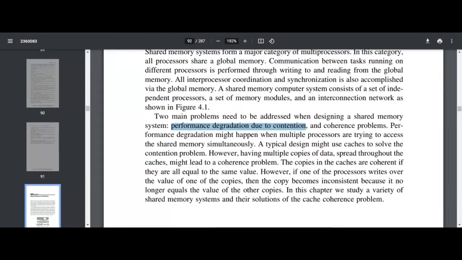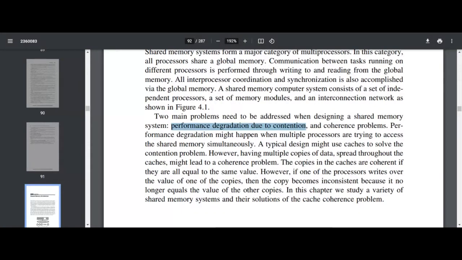Like if you have siblings, brothers and sisters, all of the same age, and they went shopping and bought the same dresses for themselves, and they want to keep them in a shared cupboard, which is a global access. So you have multiple copies of the same dresses in a single cupboard. That's the one problem. The second problem is the coherence problem.